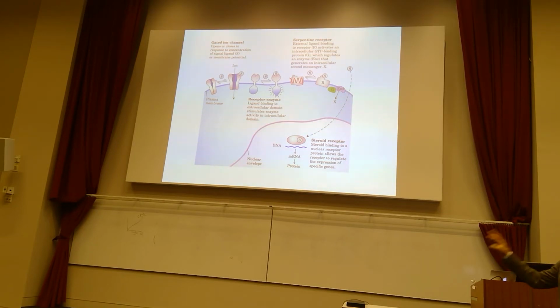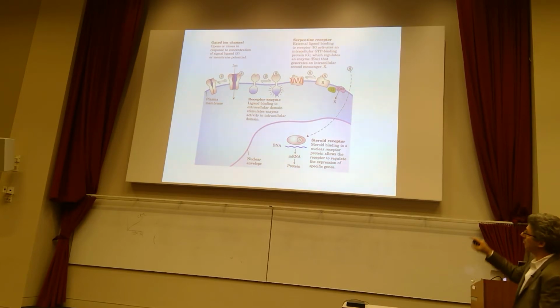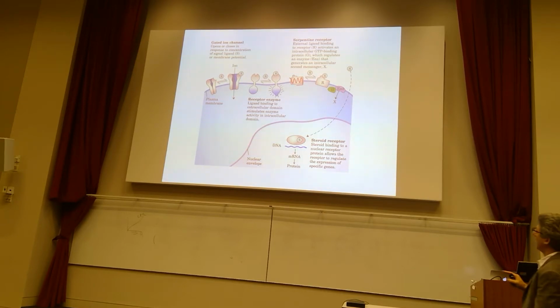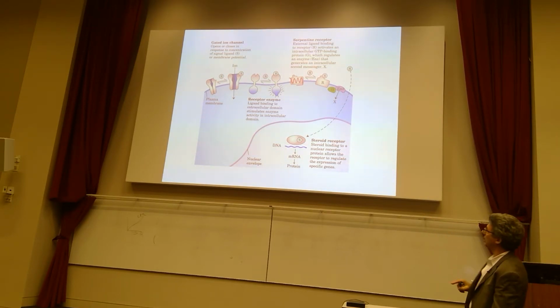The types of proteins that mediate these signals are shown here. I think this is another really effective cartoon to provide an overview. So the classes of proteins that I want you to be able to describe are gated ion channels, which we already talked about a little bit, receptor enzymes that I'll describe in more detail next week, serpentine receptors.